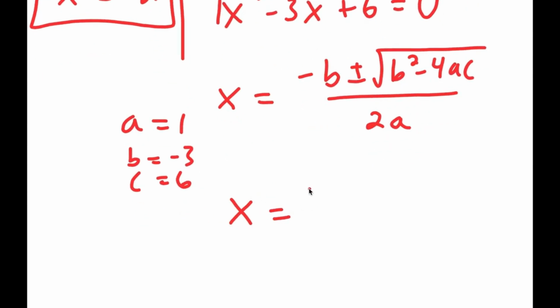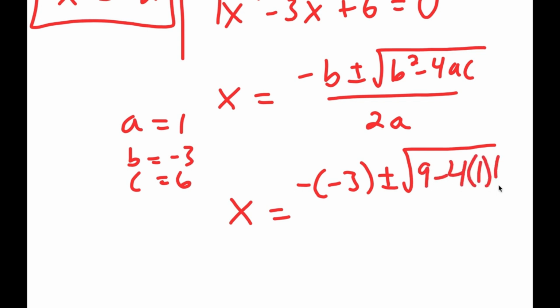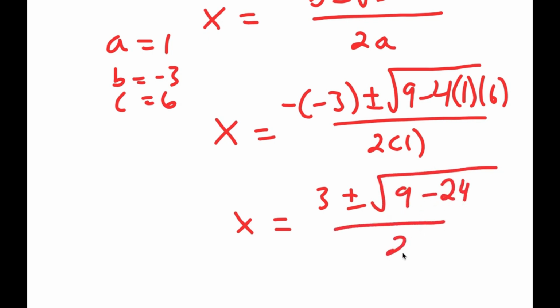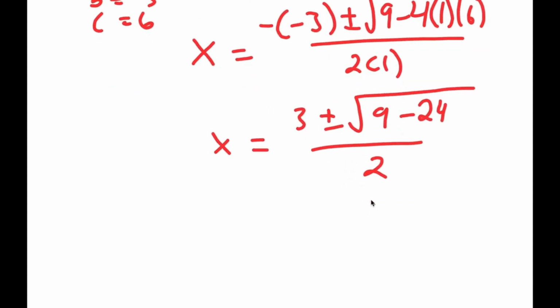So I get x is equal to negative of negative 3 plus or minus the square root of b squared, which is negative 3 squared, which is 9, minus 4 times a, which is 1, times c, which is 6, all over 2a, so 2 times 1. And this is equal to 3 plus or minus the square root of 9 minus 24 over 2, which is equal to 3 plus or minus the square root of negative 15 over 2.